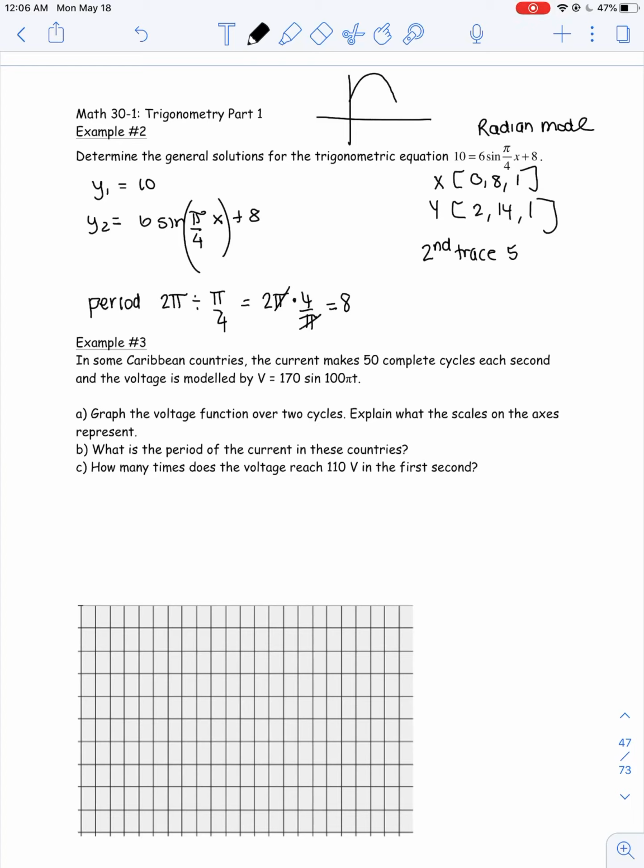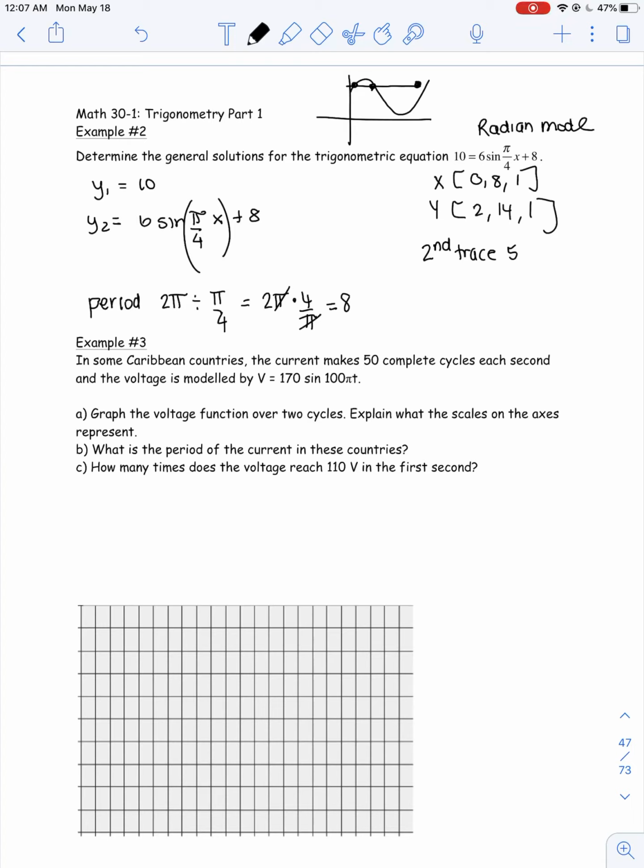There's our value. Okay, so we want to stop there. We want it to stop there, and so these are the two intersections that I care about.